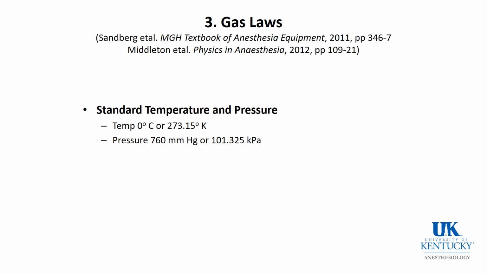The next topic we were to discuss is the gas laws. And although it wasn't one of the key questions, it's important for you to understand that standard temperature and pressure is 0 degrees and partial pressure of 760 millimeters of mercury.